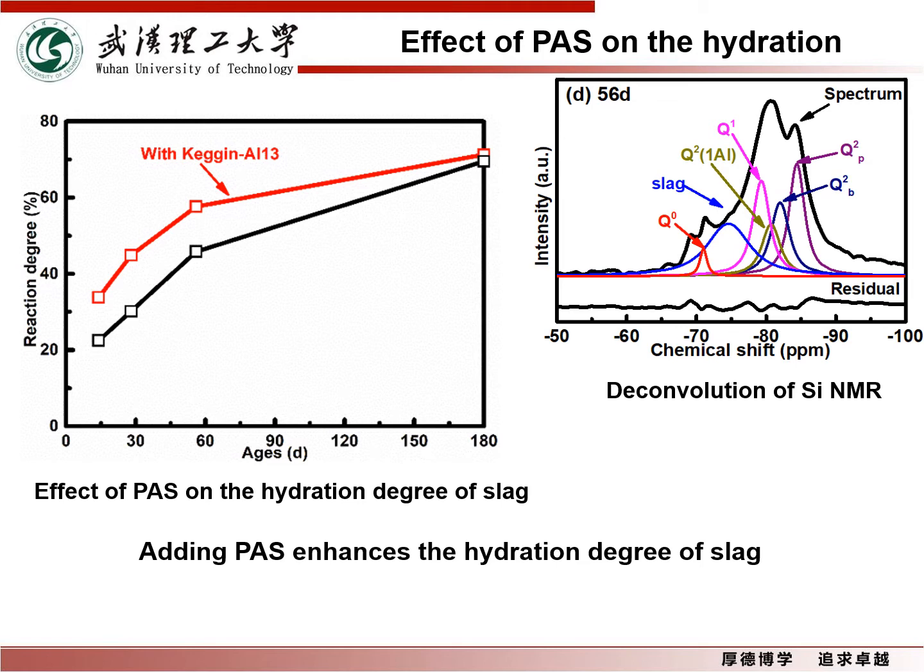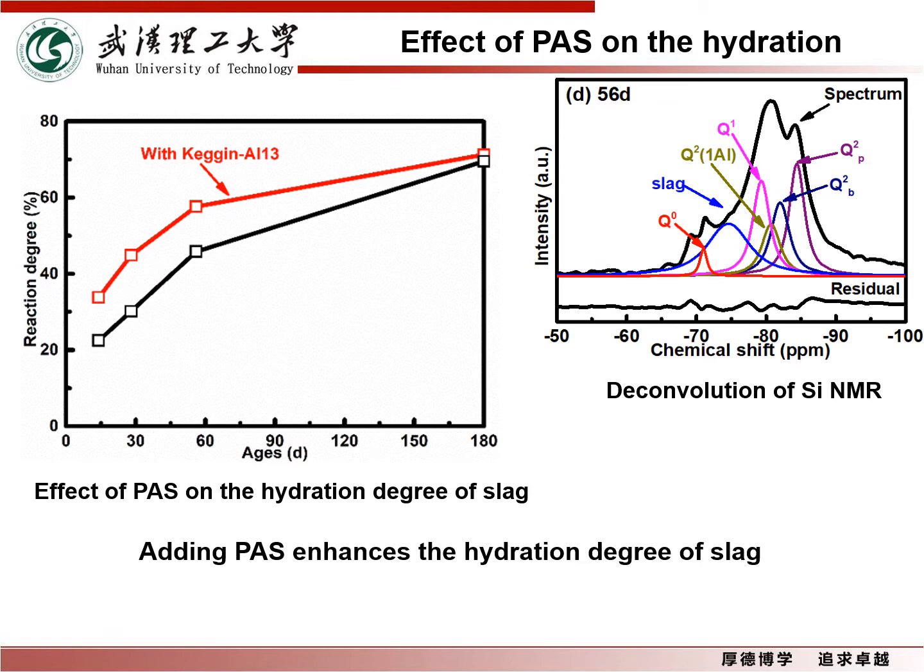We study the effect of PAS on the hydration degree of slag using silicon NMR tests. Silicon NMR tests of raw material blended paste after curing for 14, 28, 56, and 180 days were performed.